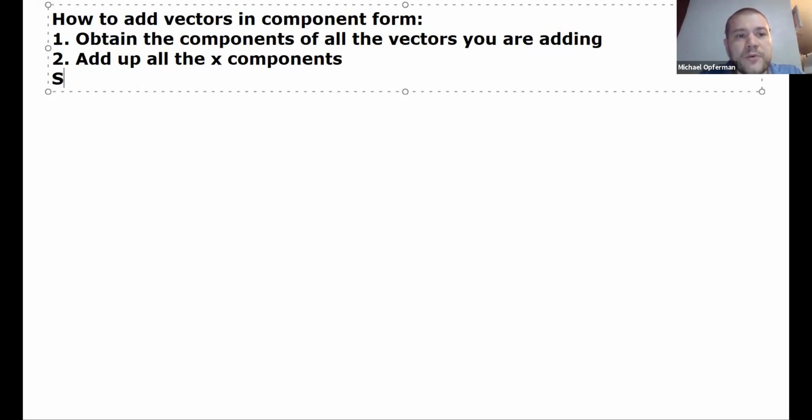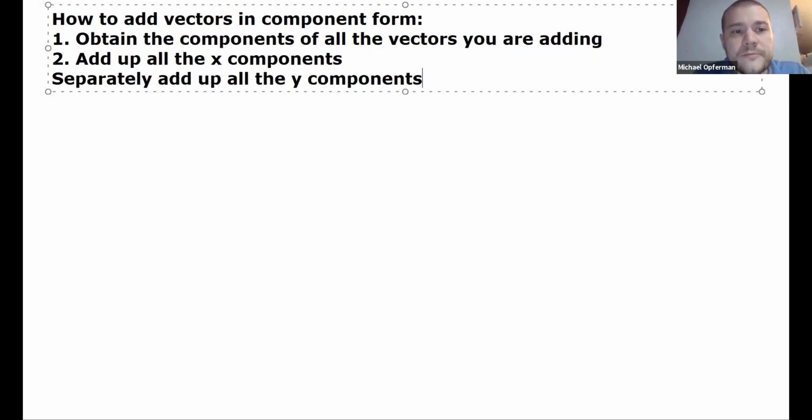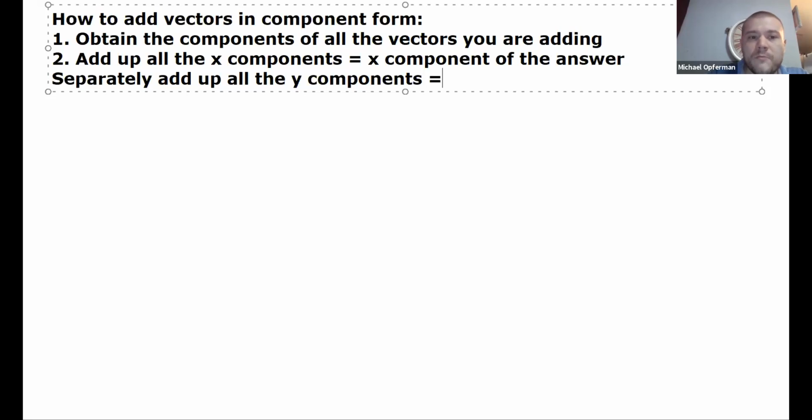And then you want to separately add up all the y components. And so when you add up all the x components, this is going to be equal to the x component of the answer. And when you add up all the y components, this is going to be equal to the y component of the answer.